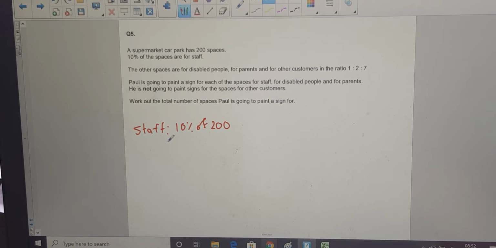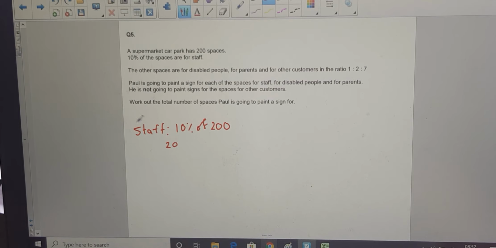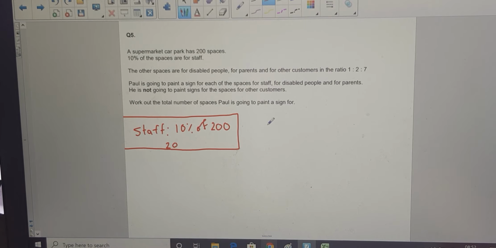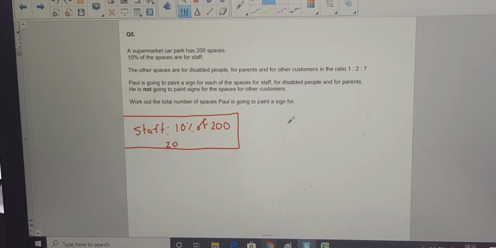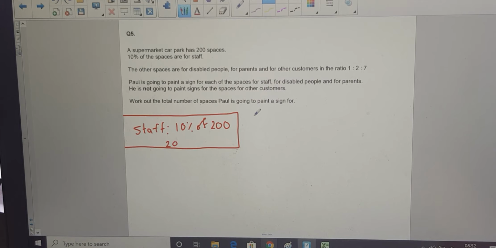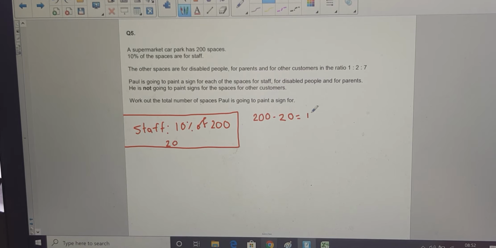So 20 is needed for staff. The other spaces, I know there were 200, but 20 are already taken up for staff. So I have 180 left over.